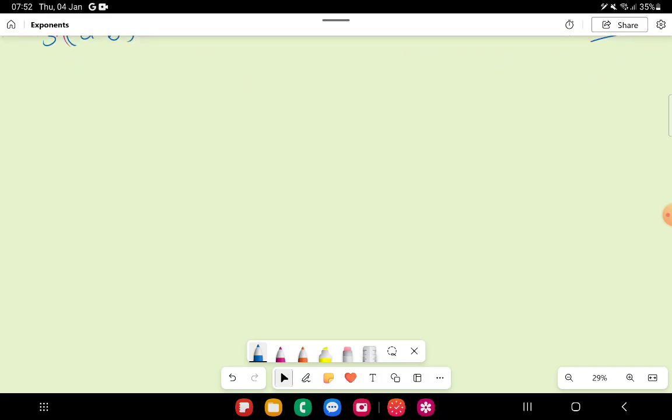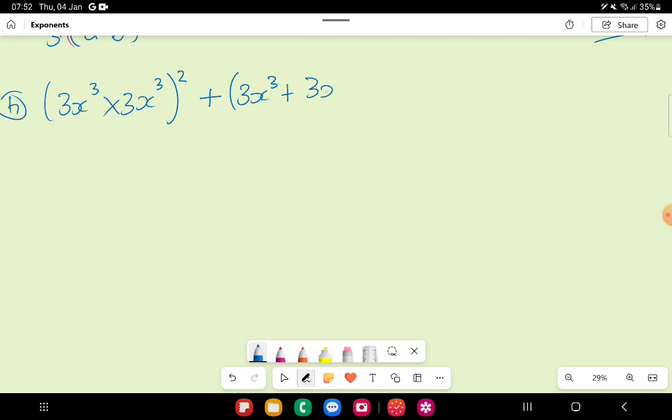Question H. 3x cubed times 3x cubed, squared, plus 3x cubed plus 3x cubed, squared. Okay, what's different between these two terms?